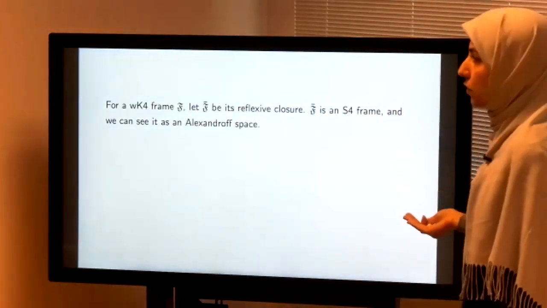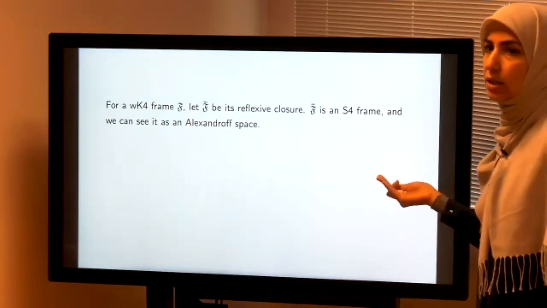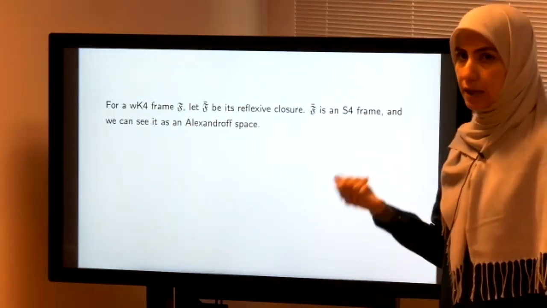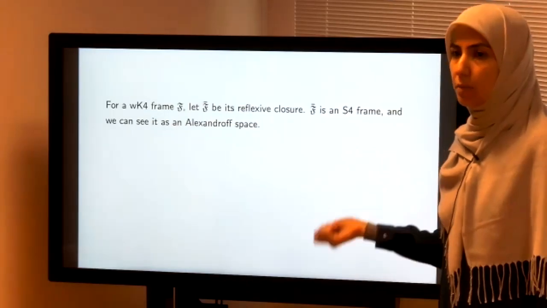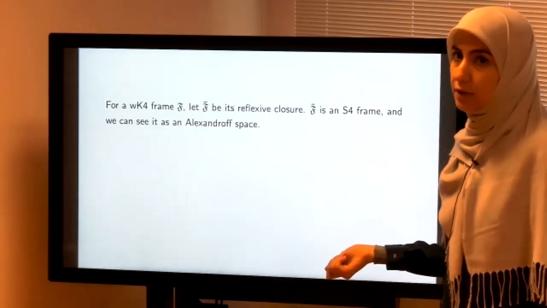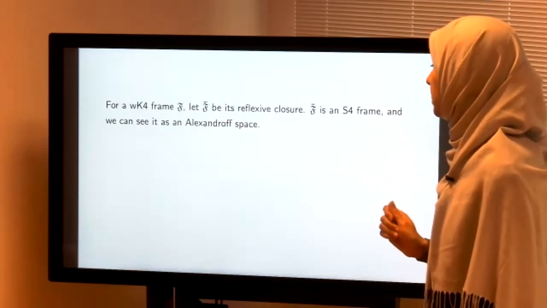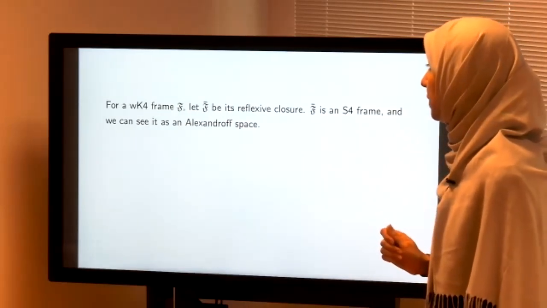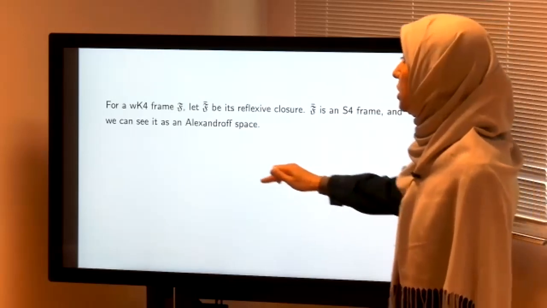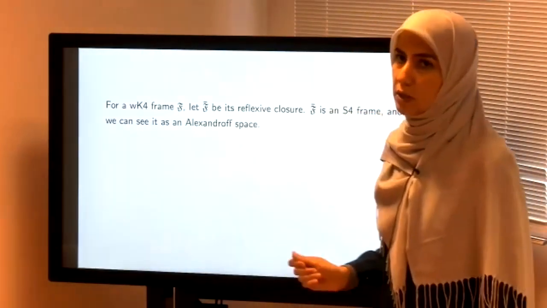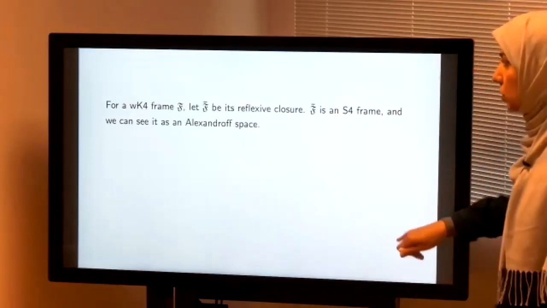F bar is an S4 frame because it's reflexive and weakly transitive, and reflexivity makes our frame transitive too. So it becomes a transitive, reflexive frame, which we call an S4 frame. And then we can consider it as an Alexandrov space by considering the up-set topology.